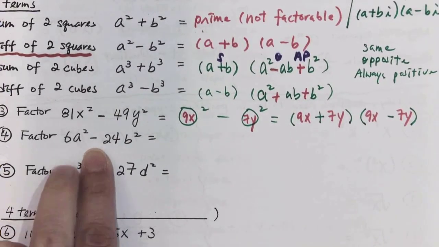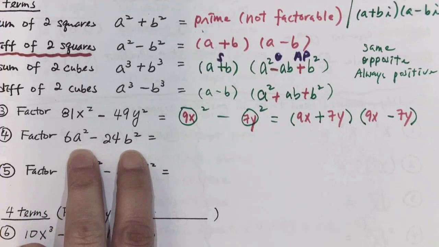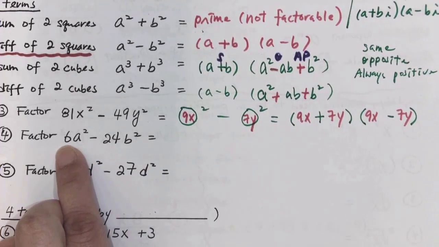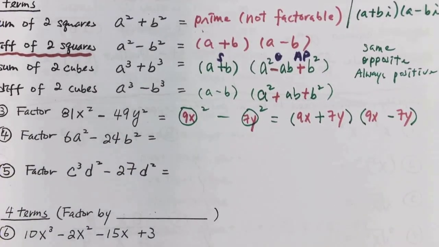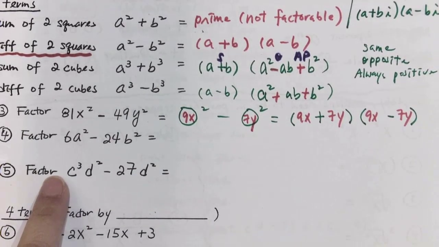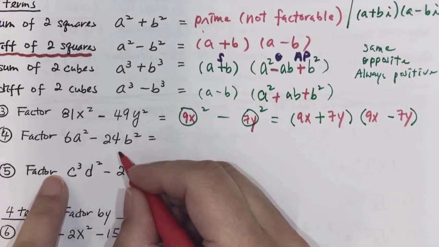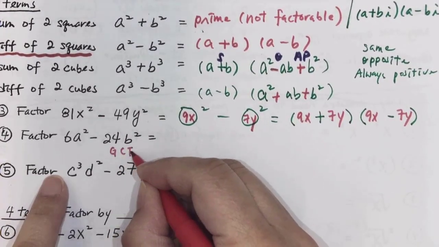This looks like a difference of squares, but is 6 some kind of square? No. What should I do first? Your first step of factoring should be what? You need to look at the top part. We say the first step of factoring, we need to pull out a GCF. So is there a GCF here?